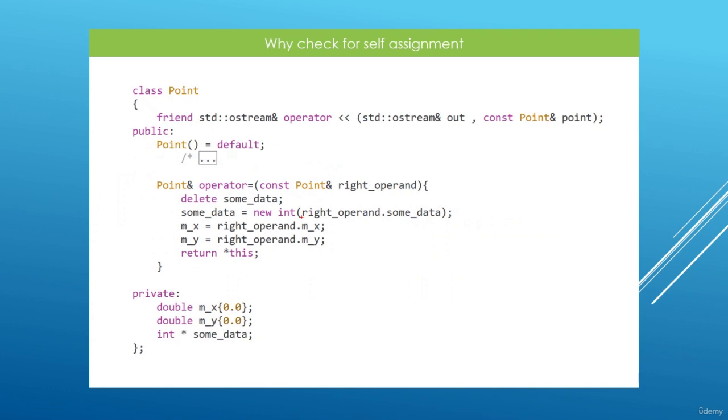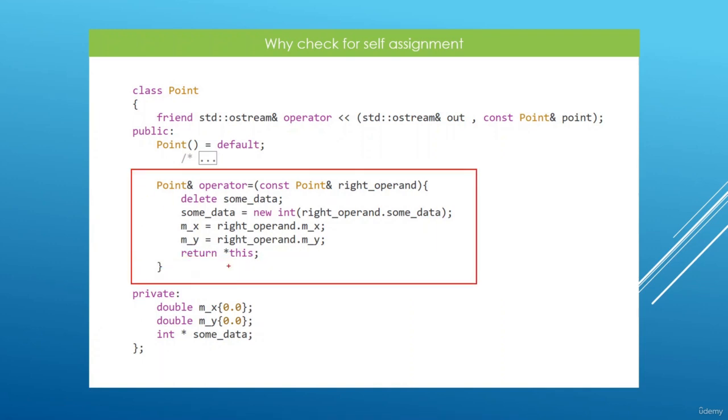Here we have a copy assignment operator done for our point class. It is right here. It is what we just described earlier, and it is going to do deep copy. So if you look down in our member variables, you're going to see that we have a pointer member variable now called sumData. And in our copy assignment operator, we're going to be smarter and not do shallow copy for the pointer member variable. So what we're going to do is try and dynamically allocate memory in the object where we are doing the assignment.